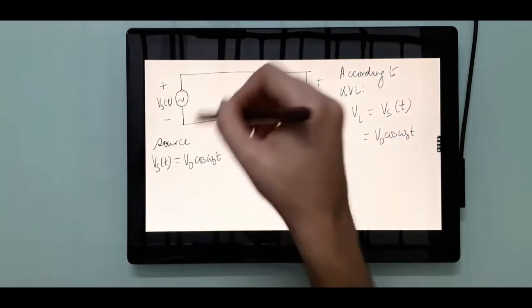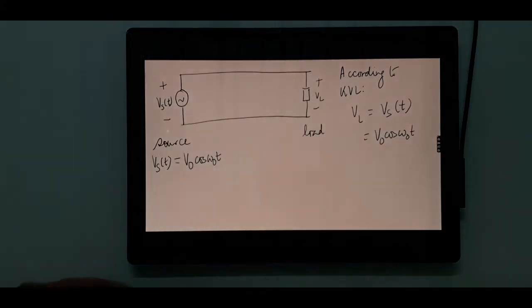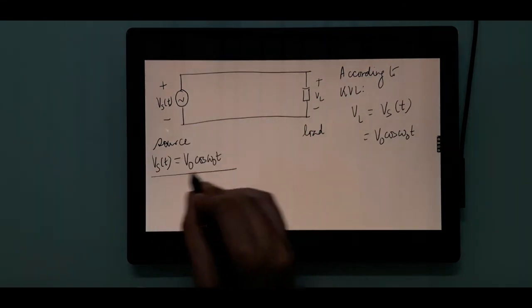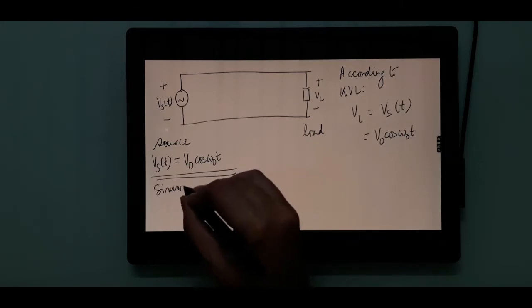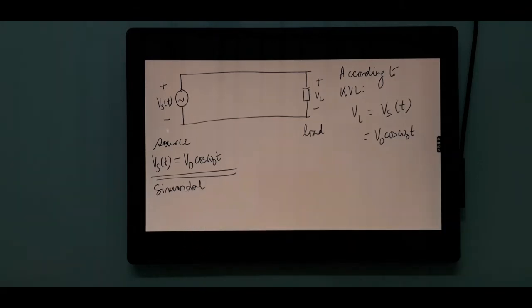Let us look at the source a little bit more closely. I have said that the source is sinusoidal in nature.